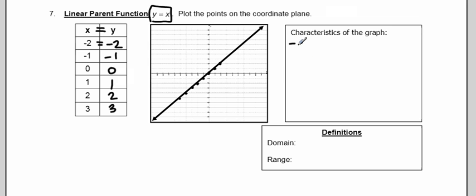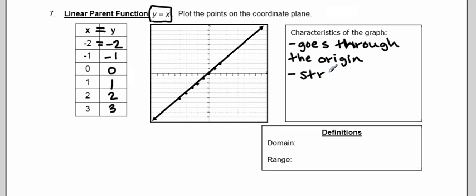Some important characteristics to notice here is that it goes through the origin. If I can write for you, your linear parent function makes a straight line.